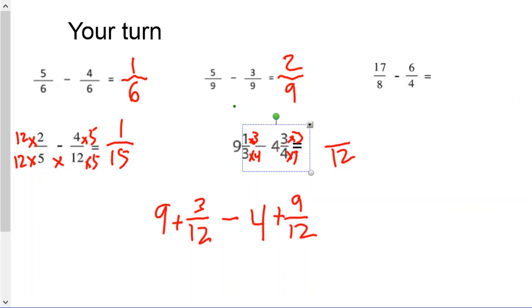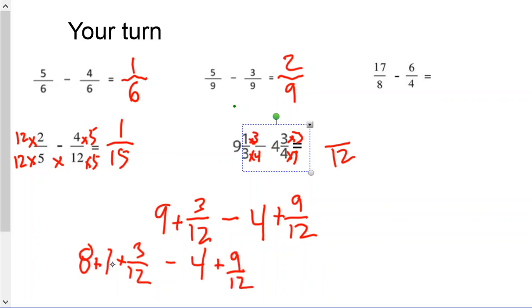Okay, we have the same denominators, but the numerators, we cannot subtract 9 from 3, so we got to borrow. So again, we can say 8 plus 1 plus 3/12 minus 4 plus 9/12.